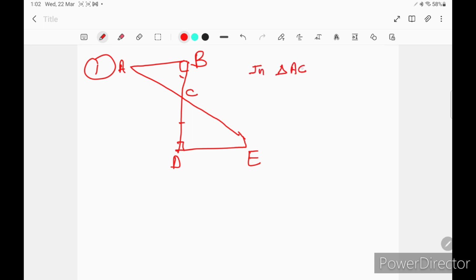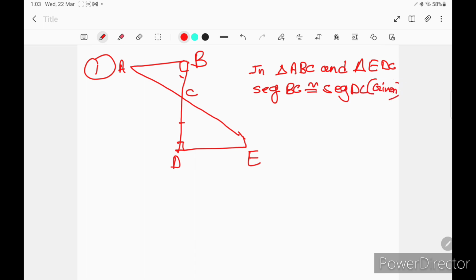In triangle ABC and triangle EDC, given that segment BC is congruent to segment DC, that is your given. Next, angle B is equal to angle D. This is your 90 degrees.